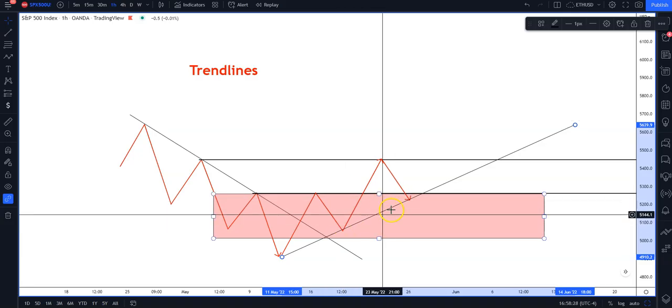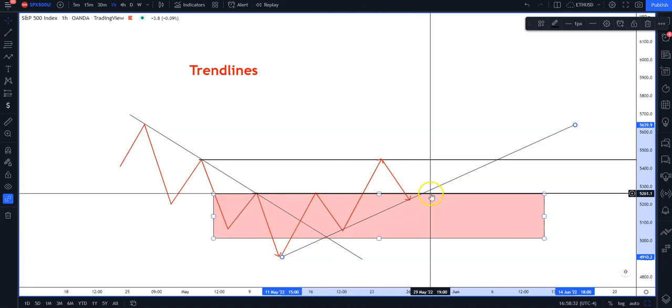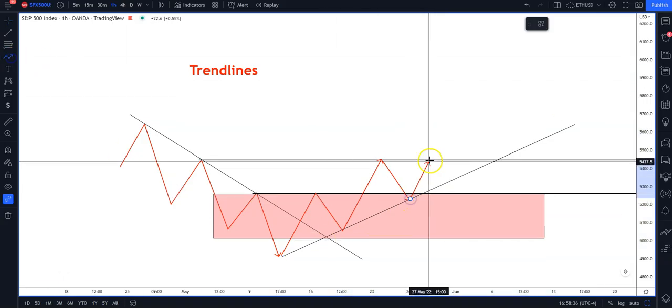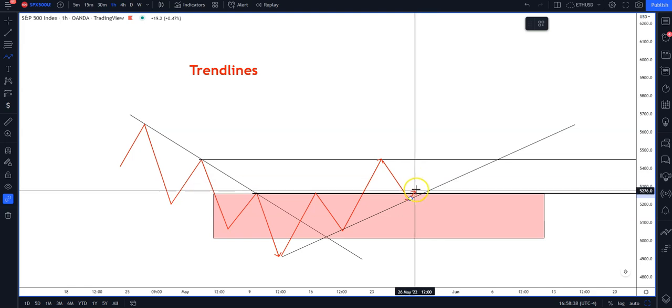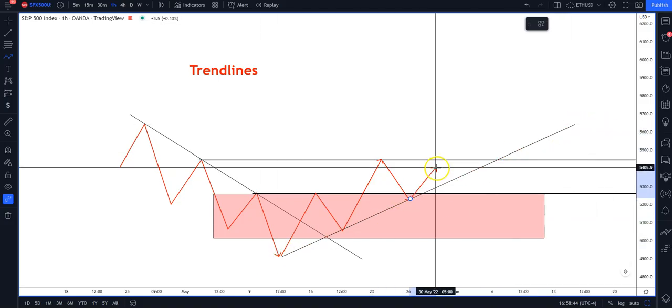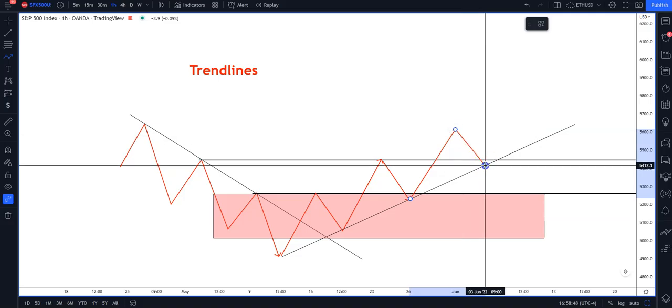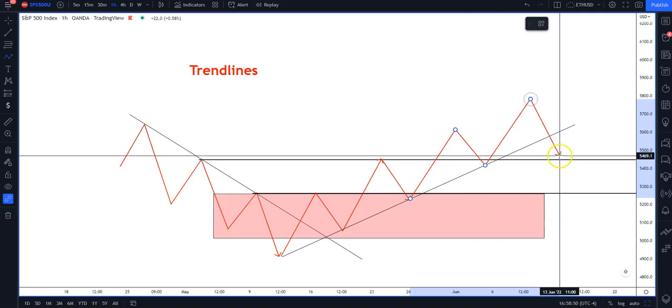Once you see the second respect, you could just draw the line. Once price respects a trend line twice, then you can pretty much confirm that this line is valid. You could draw it out into the future, and most likely what's going to happen is it's going to keep on tapping it until it's ready.